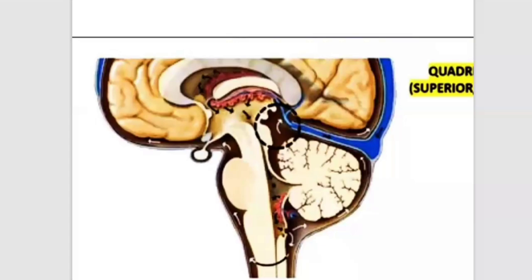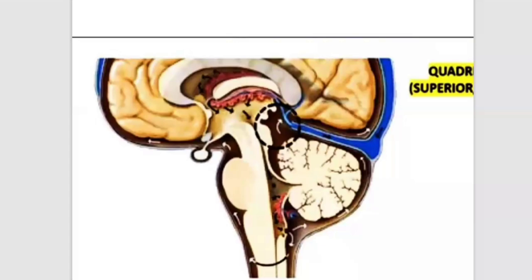Just type on Google, corpora quadrigemina. Can you do that? Yes, ma'am, searching. Behind the midbrain you have two structures, two superior colliculi and two inferior colliculi. All these four form the corpora quadrigemina.